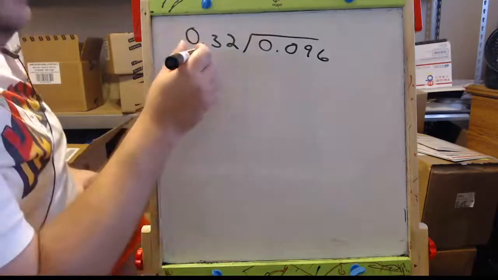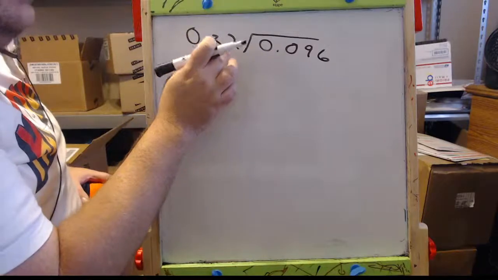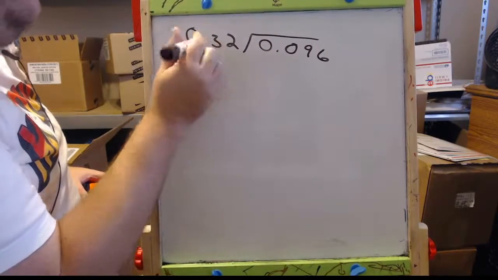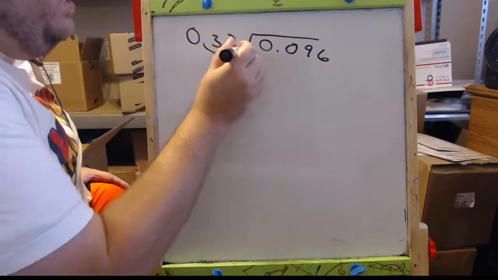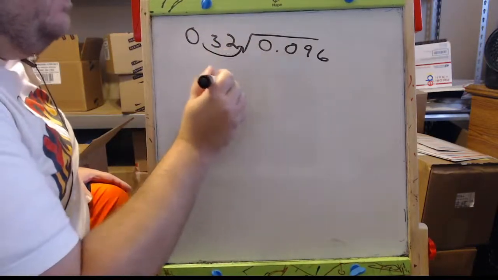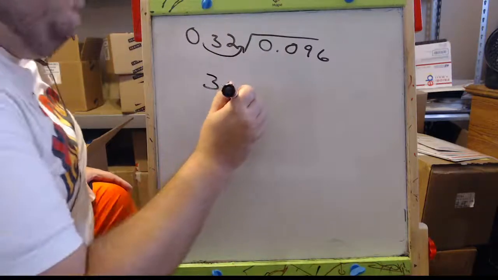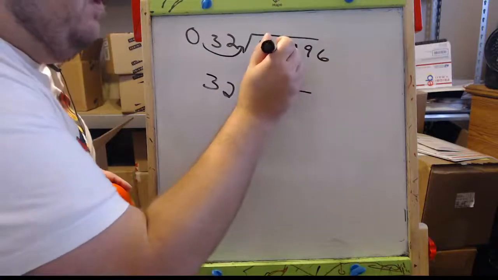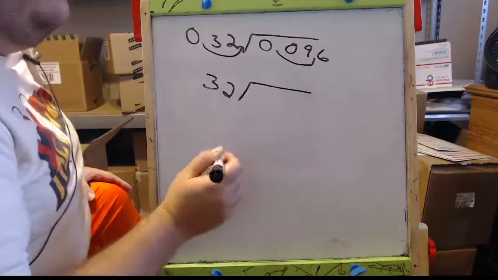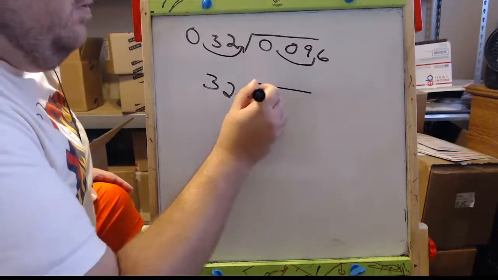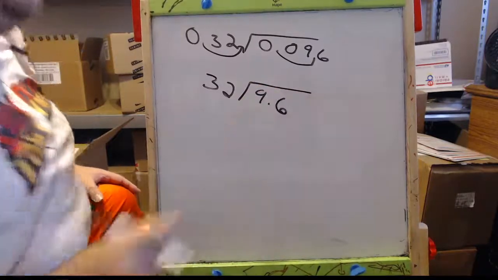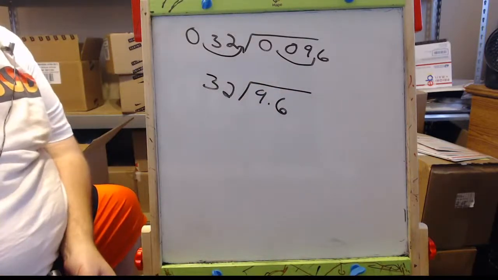So the first thing I have to do is make this a non-decimal number, make it a whole number. To make it a whole number, I've got to move the decimal 2 spots. If I move the decimal 2 spots there, I've also got to move the decimal 2 spots to the right here, and rewrite it out like so.